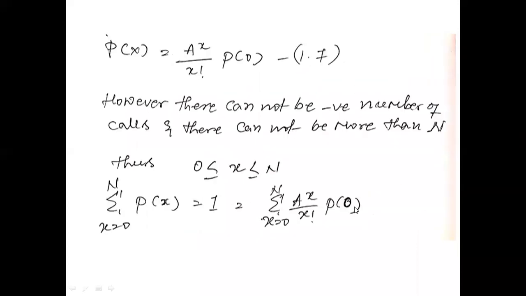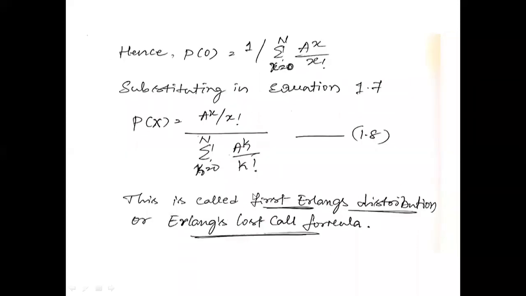We plug the same value of p of 0 into p of x, which is 1.7, and we end up with this equation, where p of x is equal to A power x over x factorial, the whole term divided by the summation of the term A power k over k factorial, where the summation interval is from 0 to N. Note that the notation for the variable has been changed.